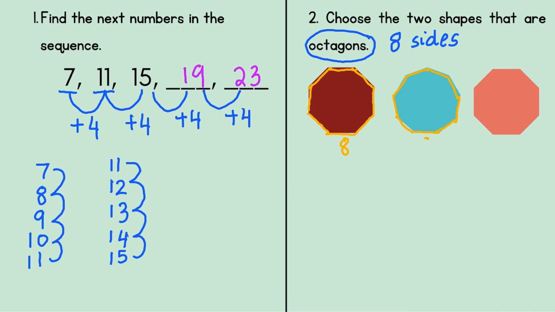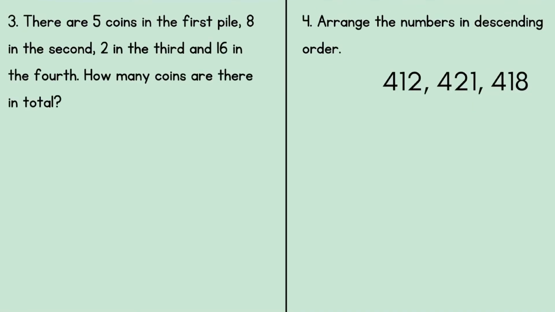This shape has 9 sides, so it is not an octagon. How about this one? 1, 2, 3, 4, 5, 6, 7, 8. This shape also has 8 sides. So these 2 shapes are the octagons.